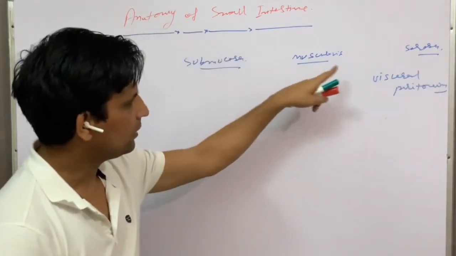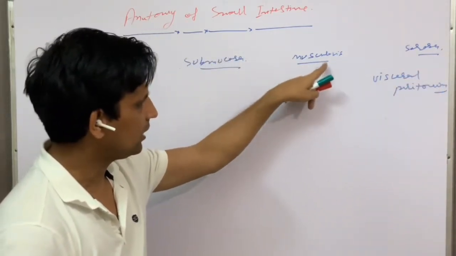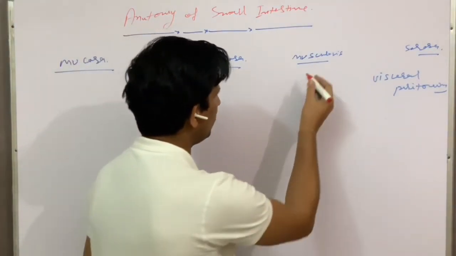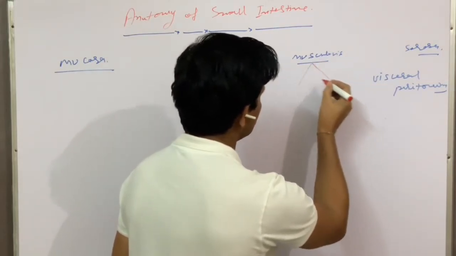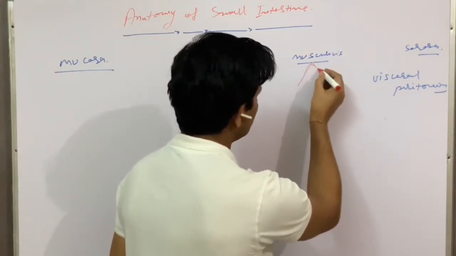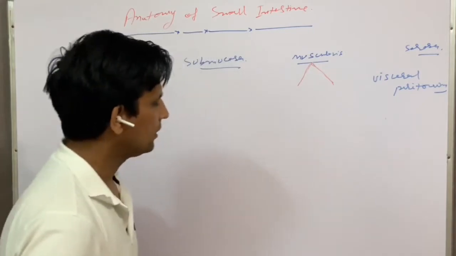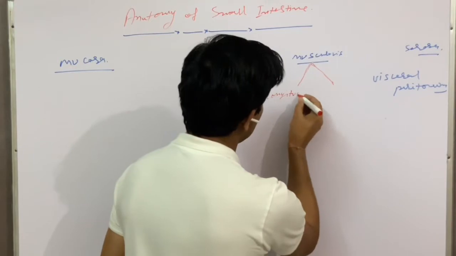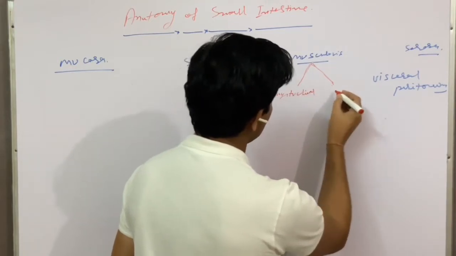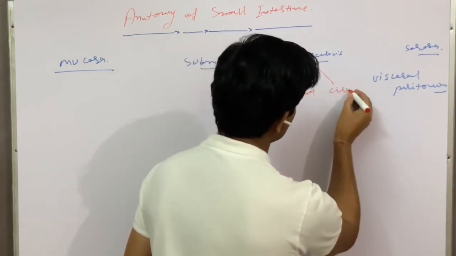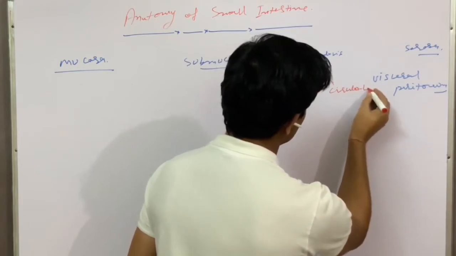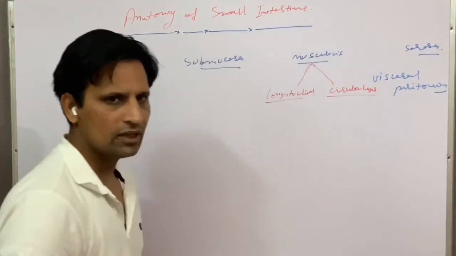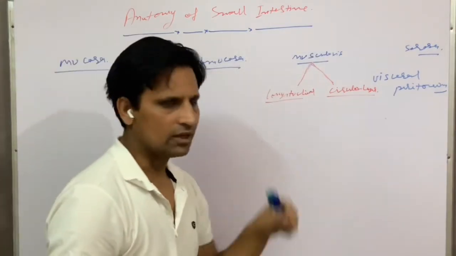Inner to this serosa, there is a muscularis, and this muscularis contains two layers. Muscularis means the layer of muscles. So two basic layers are there. One is the longitudinal layer, and the second one is the circular layer.